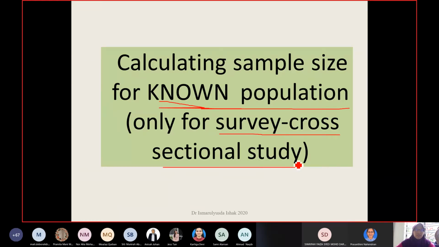If you are doing an intervention study or experimental study, this is not for that, and not for case control also. This is only for cross-sectional study.